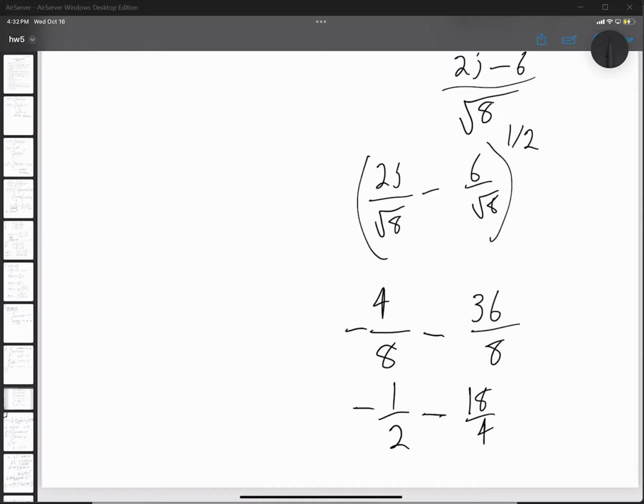Multiply this by 2, we'll get 2 over 4 minus 18 over 4, which is negative 20 over 4, which is equal to negative 5.